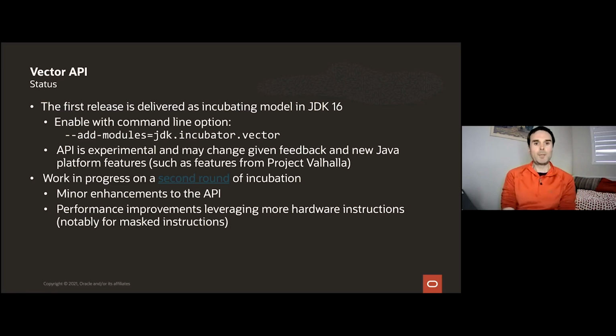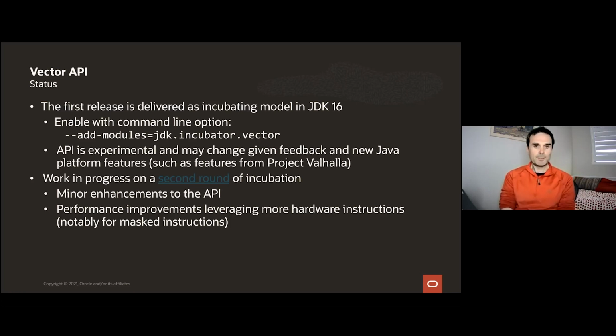So the next incubating release we do will have improvements to the implementation, as well as enhancements to the API. We're likely going to keep this experimental incubating loop around until we get new Java platform features that can improve the API, specifically the features offered by Project Valhalla, which aims to offer value types and unify the type system between primitives and reference types.